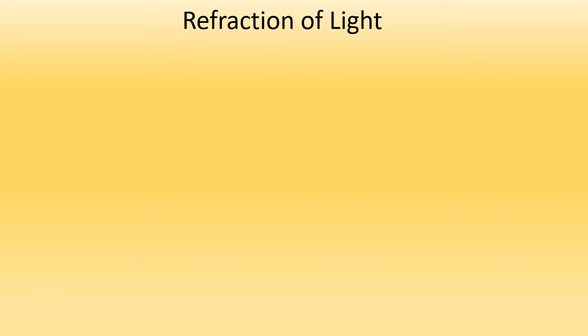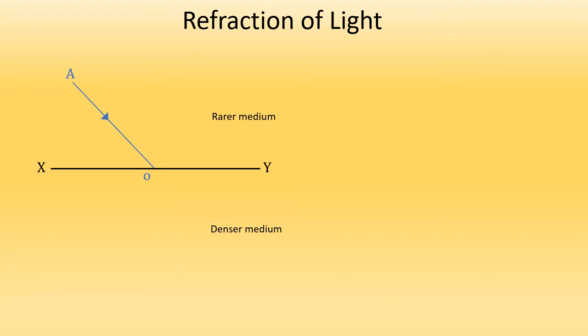Now we'll see what happens when a ray of light travels from rarer medium to denser medium. So we consider a plane XY which divides the rarer medium and the denser medium. Now let us consider AO to be the incident ray. At the point of incidence, let us draw NON' as a normal.